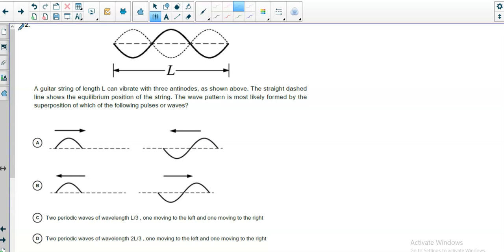Not sure how two waves leaving each other work. That's a little odd for B. C is two periodic waves of wavelength L over 3, one moving to the left and another moving to the right.